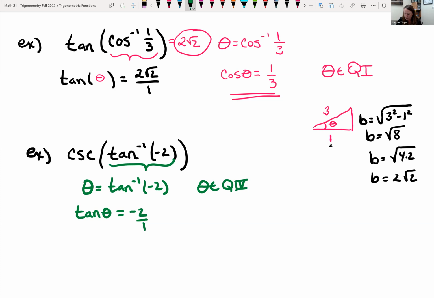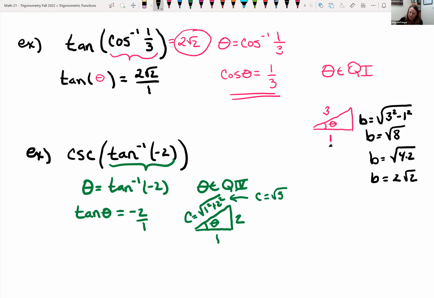So if we wrote our triangle, let's just ignore the signs. Tangent is opposite over adjacent. So opposite is 2, adjacent is 1. Our hypotenuse, C, is equal to the square root of 1 squared plus 2 squared. So I know my hypotenuse, C, is equal to the square root of 5.